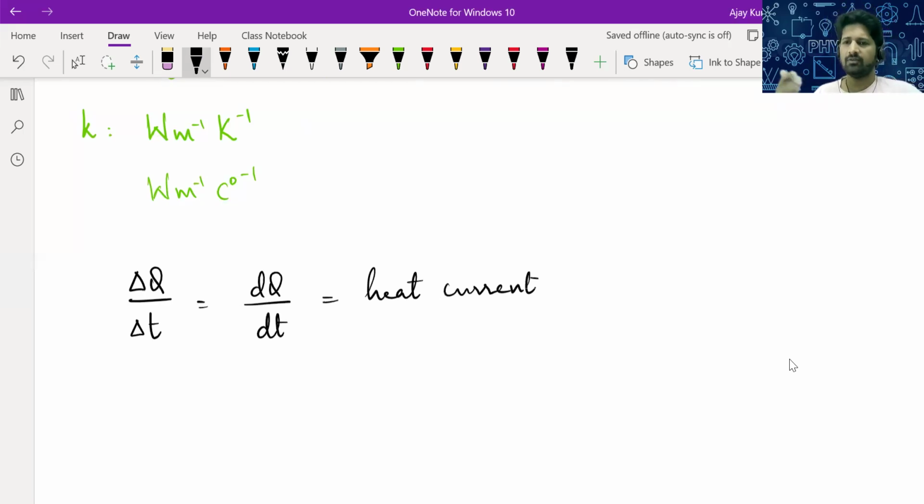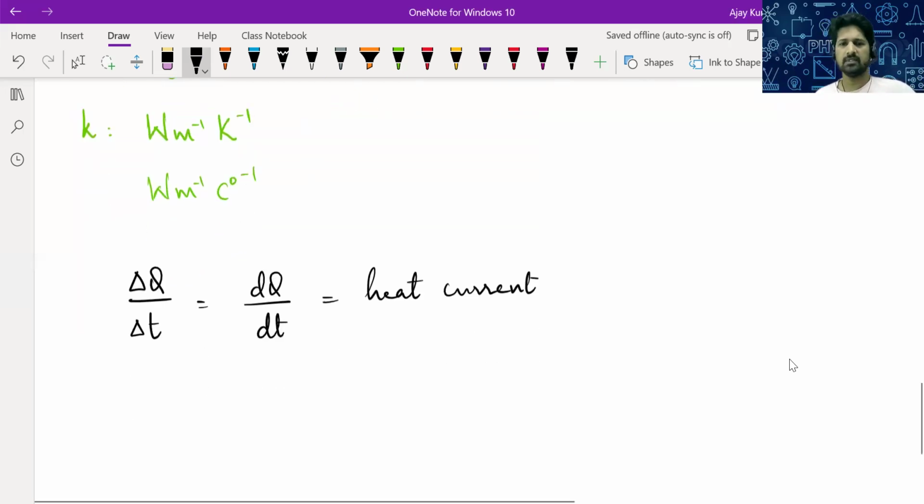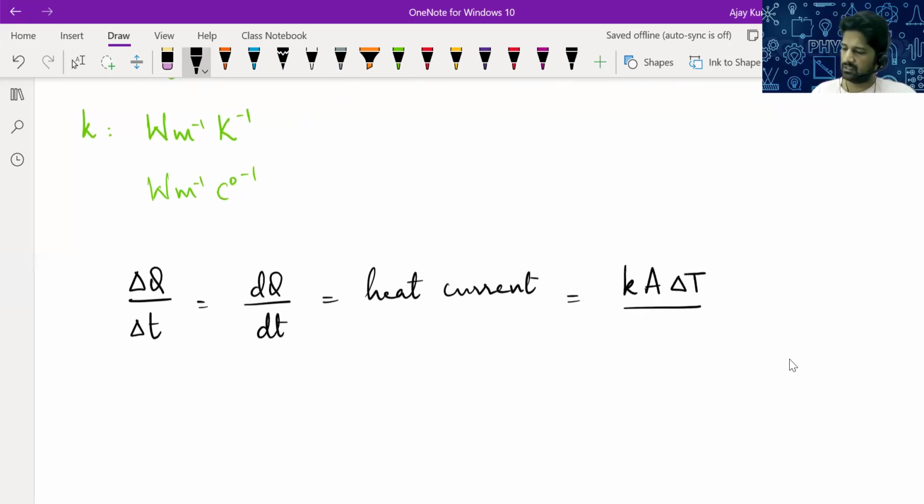Rate of transfer of heat, we call it heat current. Basically, heat is flowing. If anything is flowing, you call it a current of that thing. So dQ by dt becomes heat current, and that is given by K A delta capital T divided by L.